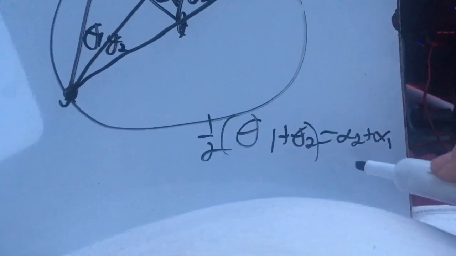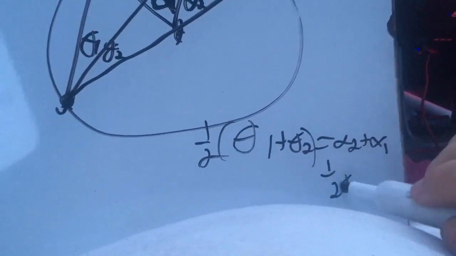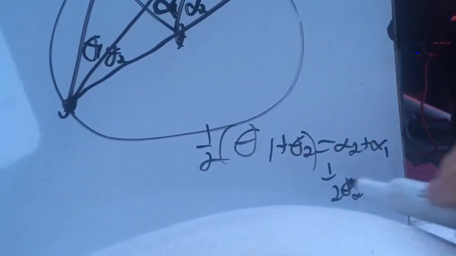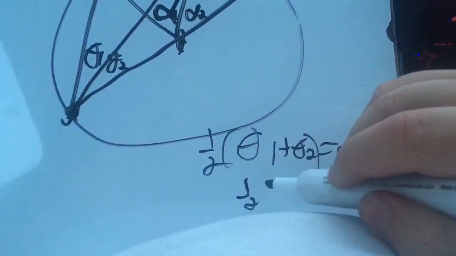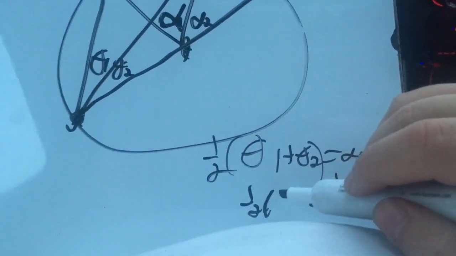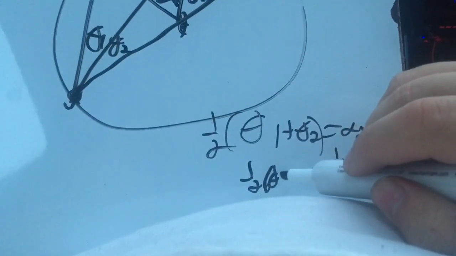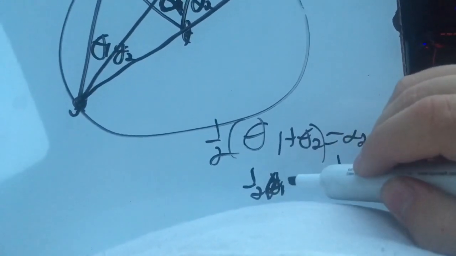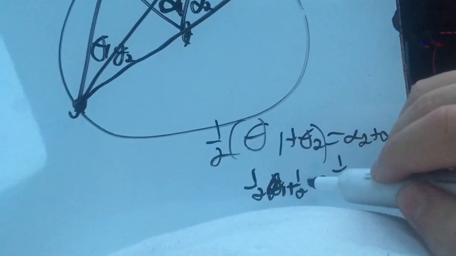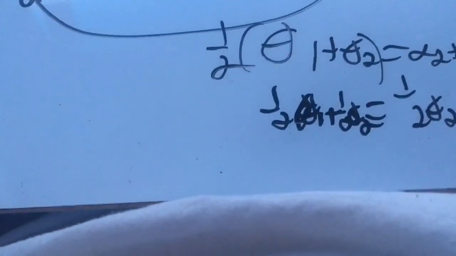Well, we know alpha 2 is half theta 2, and we have half factored out theta 1. We could factor it in, expand it, plus half theta 2. It's a little messy. We can subtract half theta 2 from both sides, and we get that alpha 1 is equal to half theta 1. And that's the inscribed angle theorem.